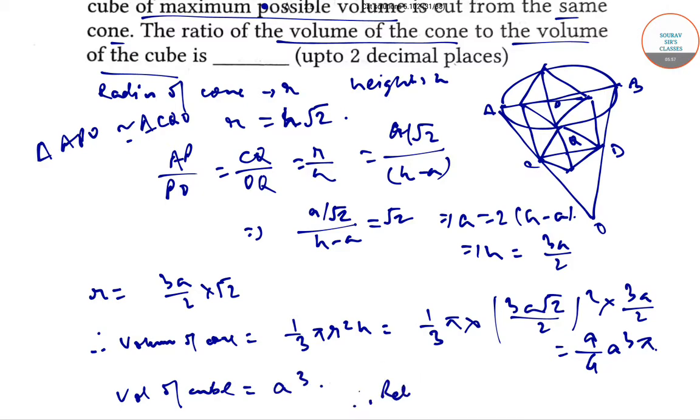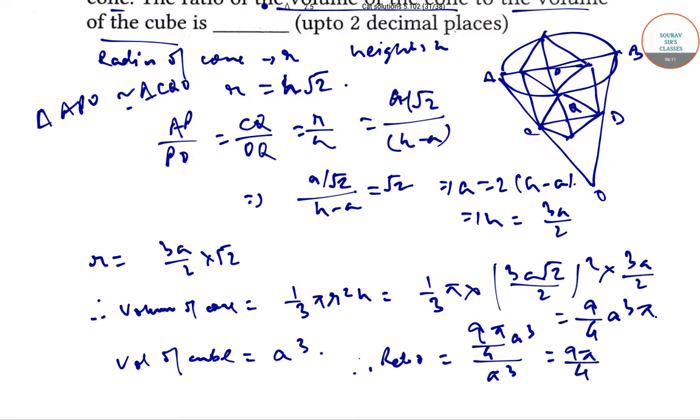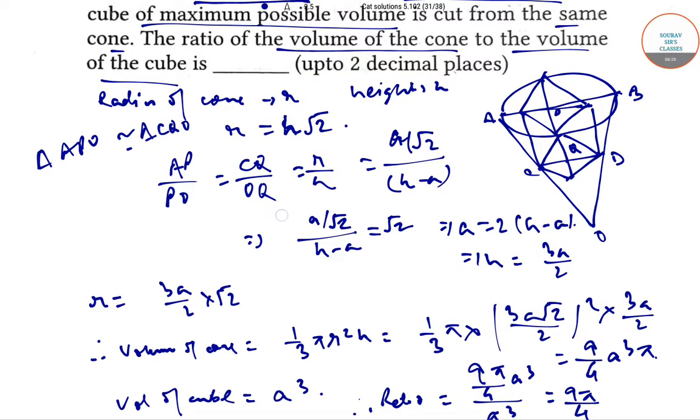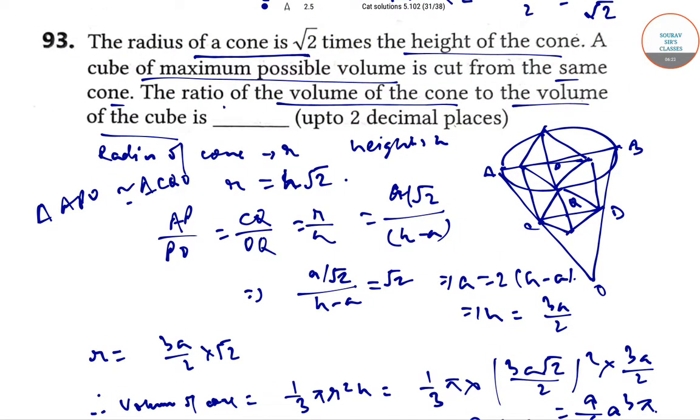Therefore, required ratio is equal to 9 pi by 4 A cube by A cube, that is equal to 9 pi by 4, that is equal to 2.25 pi or 7.07. So the required ratio is 7.07.